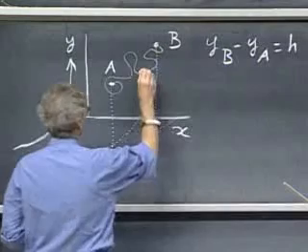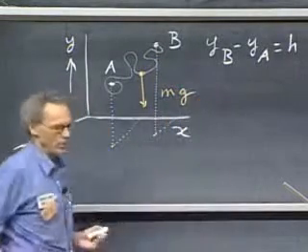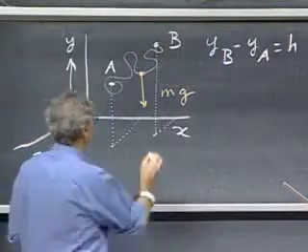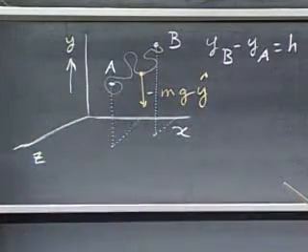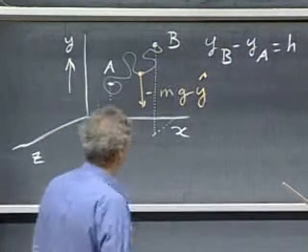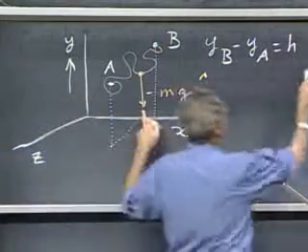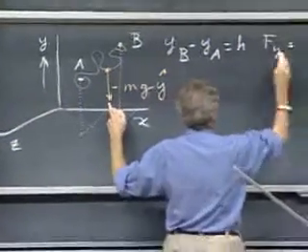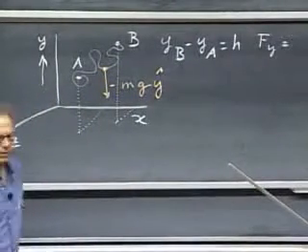The object has a mass m, and so there is a force mg, and I can write down the force in vector notation. It's in this direction. So now I notice that there is only a value for f of y, but there is no value for f of x, and there is no value for f of z.